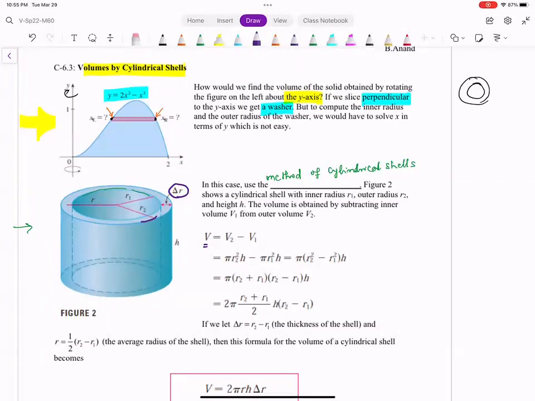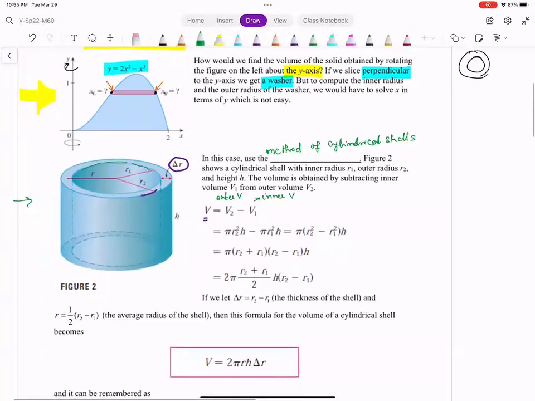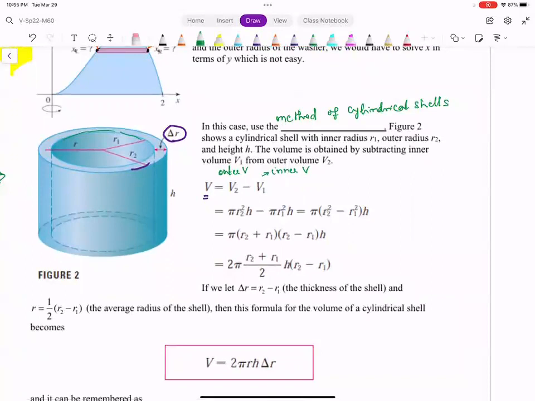V sub 2 stands for the outer volume, and V1 stands for the inner volume. For the outer volume, the cylinder volume is area of the base times height. So pi R2 squared times h minus pi R1 squared times h.